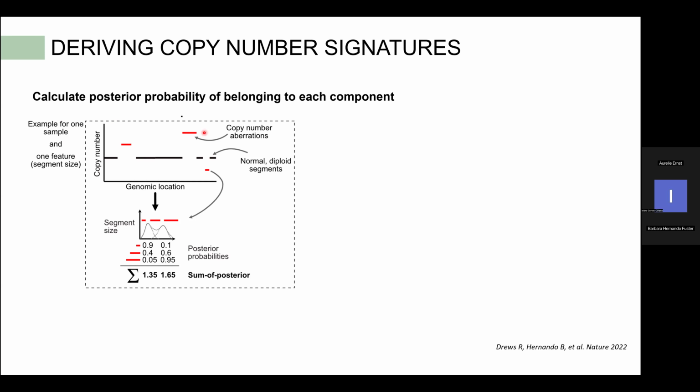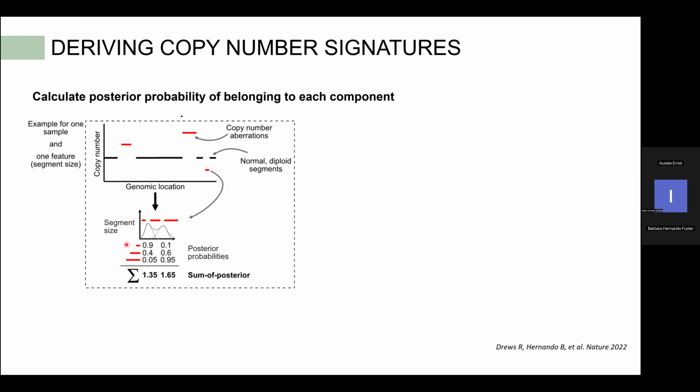So we took these copy number alterations and computed the probability to belong to each of the categories that we defined, in this case for the segment size. For example, this short segment has a high probability to belong to categories that define short segment sizes, and a low probability for those categories that define long segments. This process was done for all the copy number alterations, and then we summed them up to have a vector that is a sum of posteriors for each one of the samples.